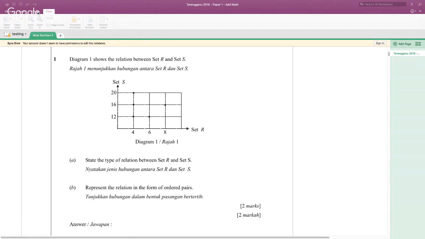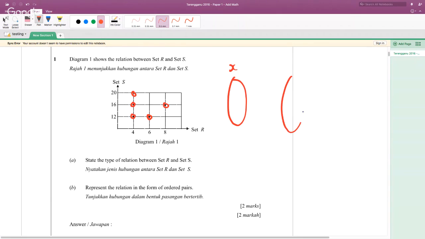Just in case some of you might not be able to see so clearly, I will put out the points for you. If this is my x-axis and this is my y-axis, you can see I have 4, 6, and 8 here, and 12, 16, and 20 here. 4 connects to all three: 12, 16, and 20.